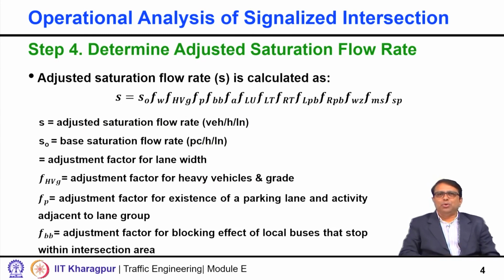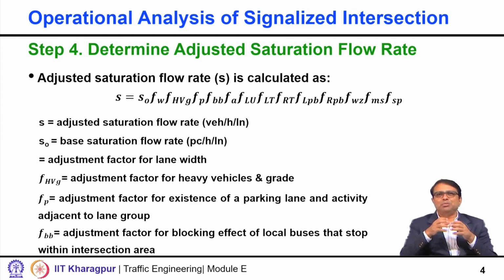Now, in step 4, we actually do the estimation of saturation flow rate. Of course, in step 3 we have seen that we used a saturation flow value. So, actually step 3 and step 4 will work in an iterative manner.